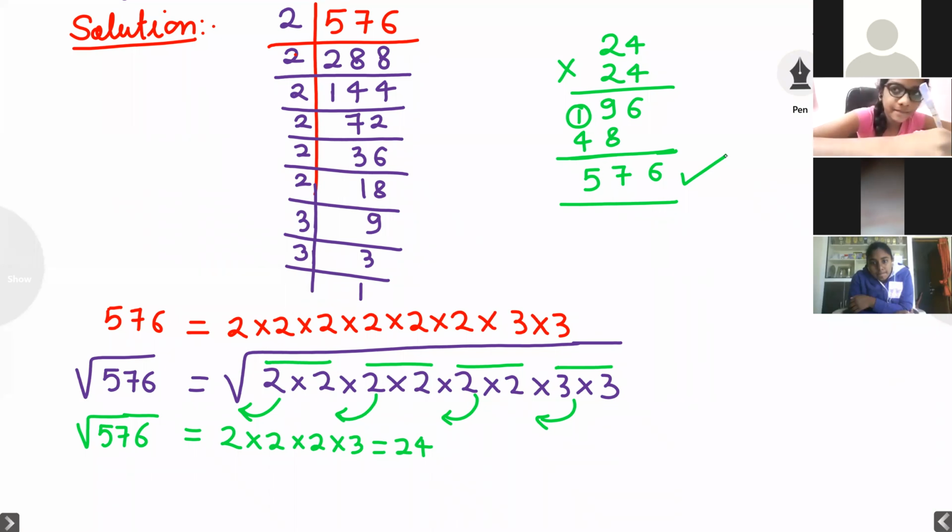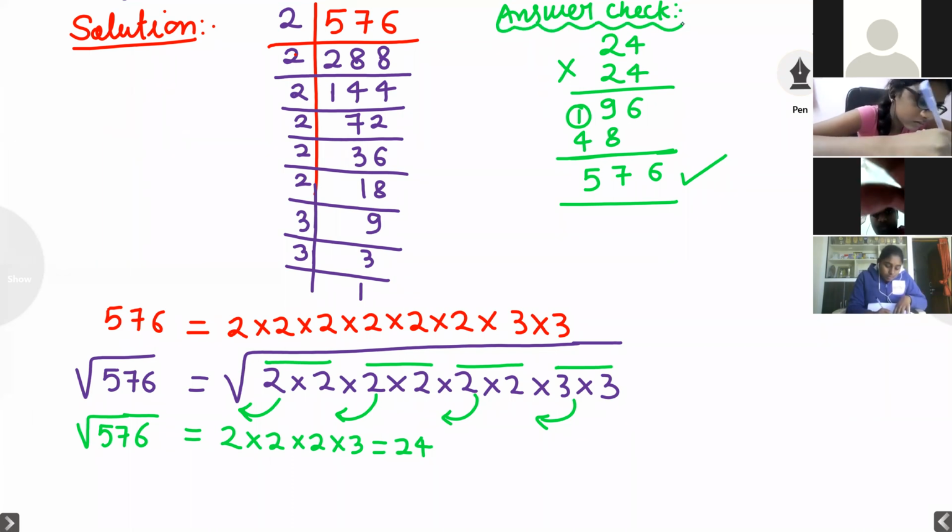Write down clearly, everyone. This method is called the prime factorization method.